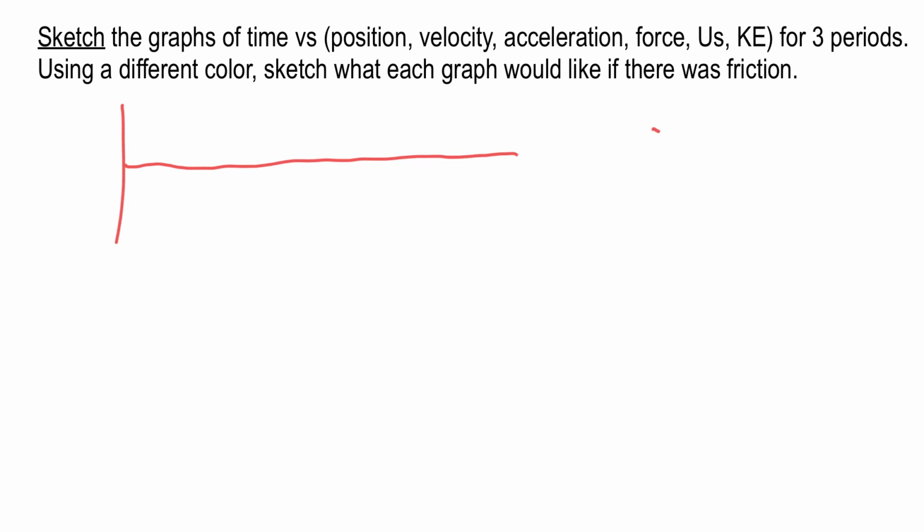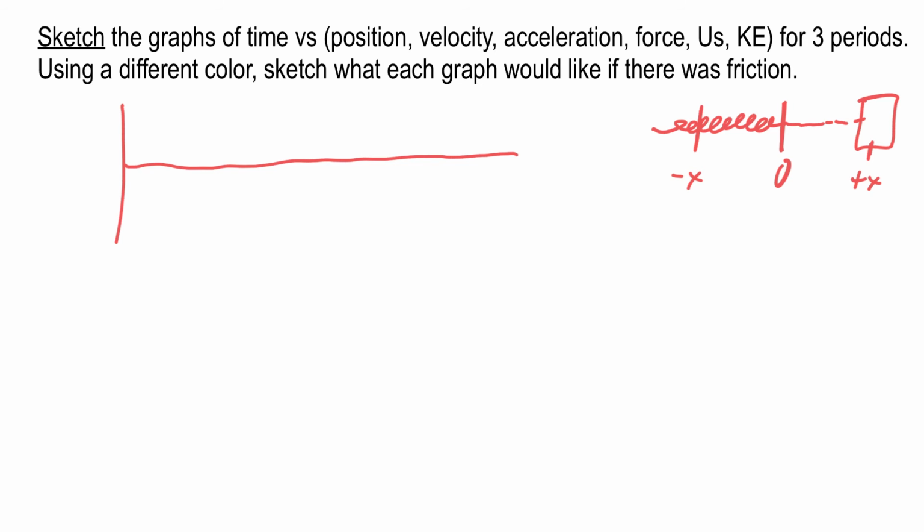For reference of what's positive and what's negative, let's just say we pull it back here. So we're going to call our x position here our positive x. Then we're going to let it go, and we'll call negative x this way, just so it can help us with our velocity graphs and our energy graphs, etc.